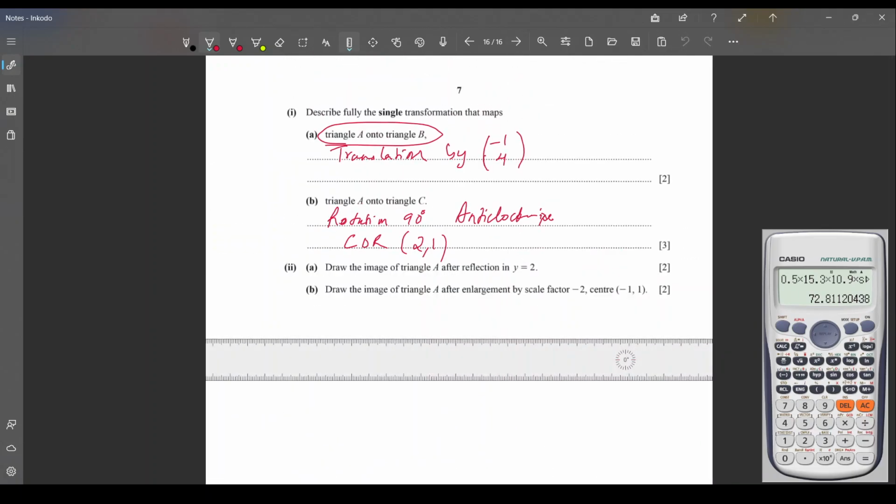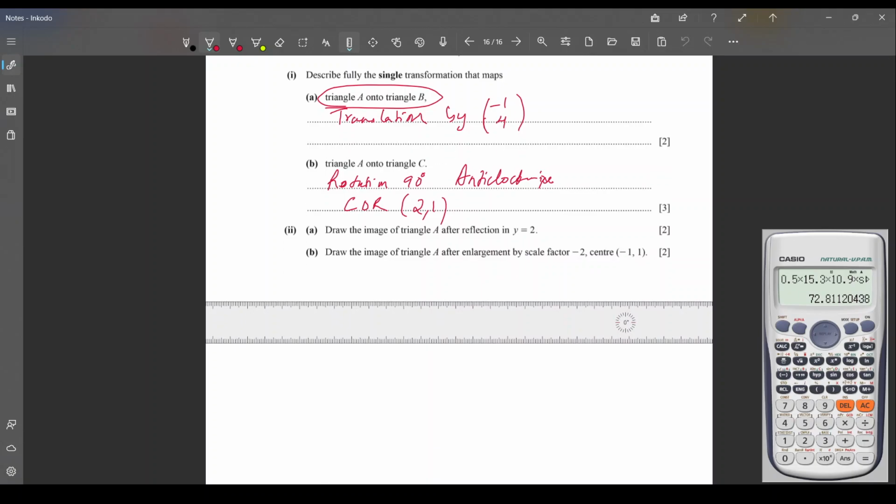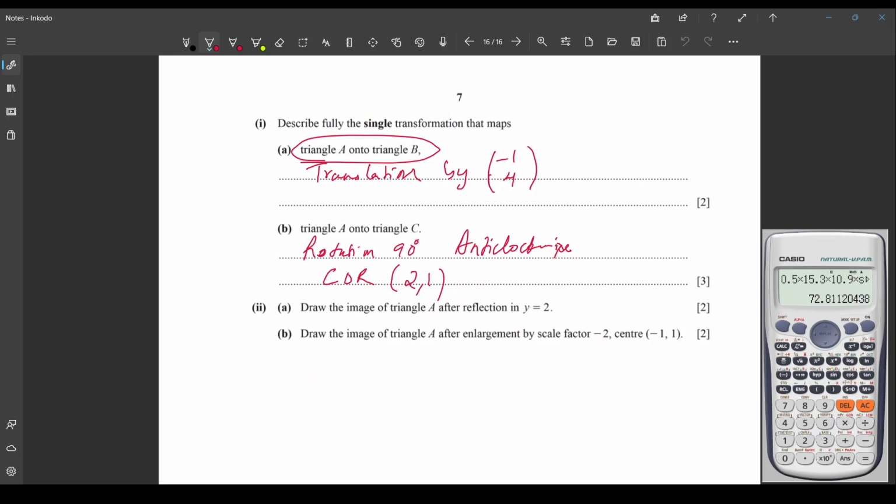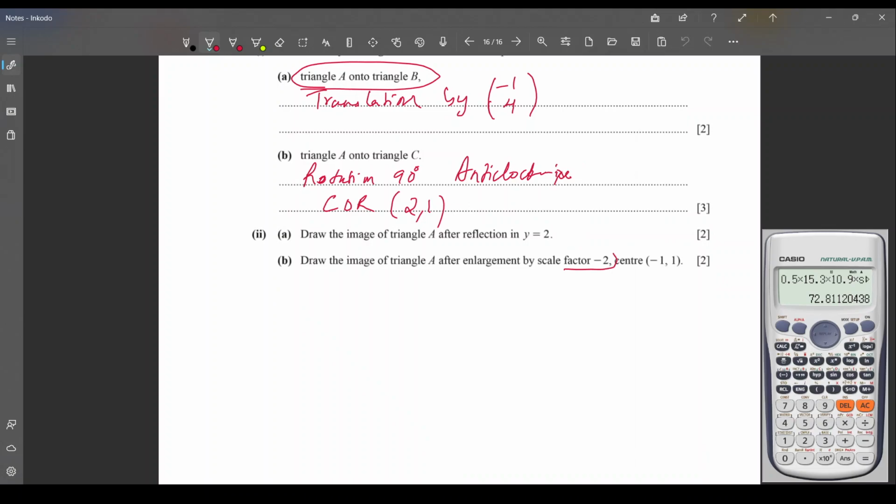So the next part is, draw the image of triangle A after enlargement of scale factor -2 and center of enlargement (-1, 1). Here you should know that if the scale factor is negative, the image will be opposite to the object.